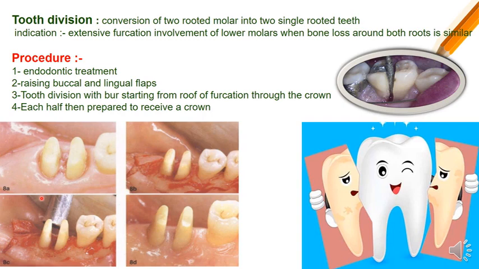The procedure includes endodontic treatment, of course, as we mentioned in the previous slides, raising buccal and lingual flaps, making tooth division with burrs starting from the roof of the furcation through the crown, then each half is prepared to receive crowns after the healing period.